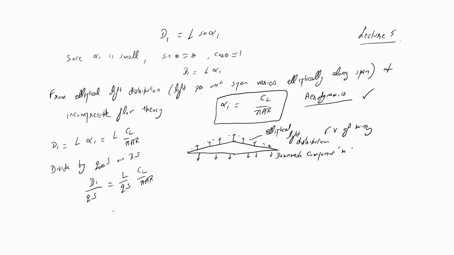From our previous classes, this is CDI equals CL into CL by pi AR. Finally we get CDI equals CL square by pi AR. Induced drag is given by this expression, CL square by pi AR.